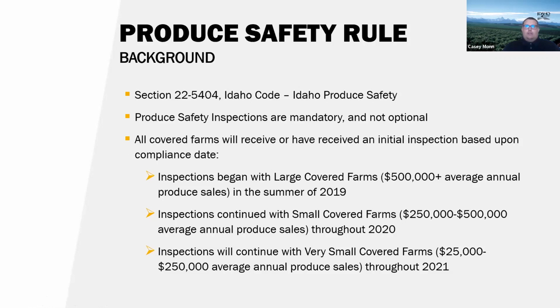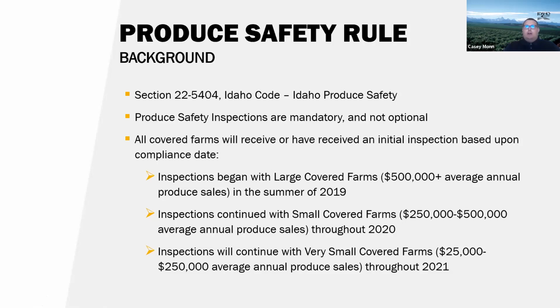And instead of farms in Idaho working with FDA, you're working directly with the Idaho State Department of Agriculture. It's not to say that there are certain states that do have FDA authority, meaning FDA will conduct inspections in those states specifically. All covered farms will receive or have received an initial inspection based upon compliance date.